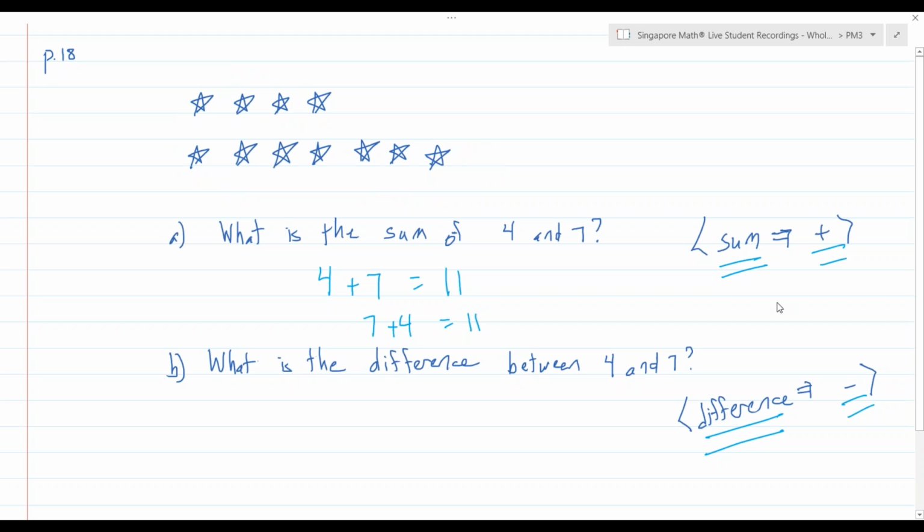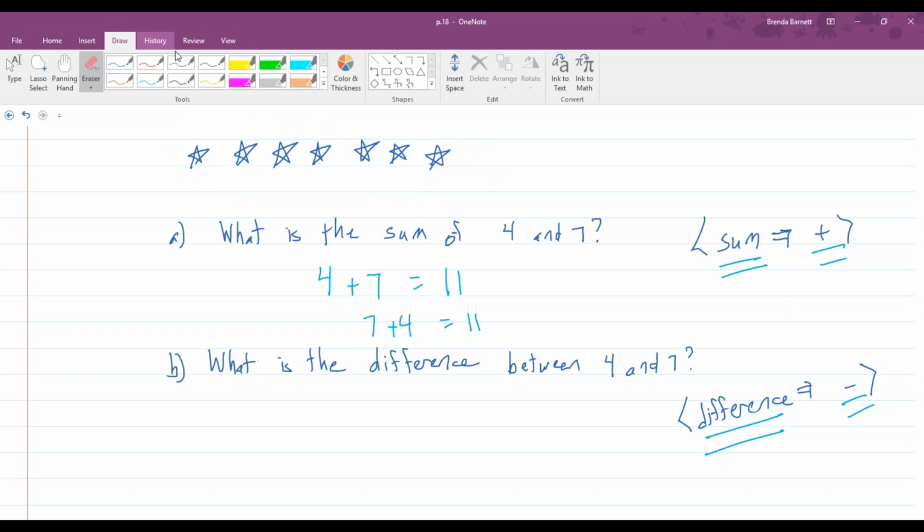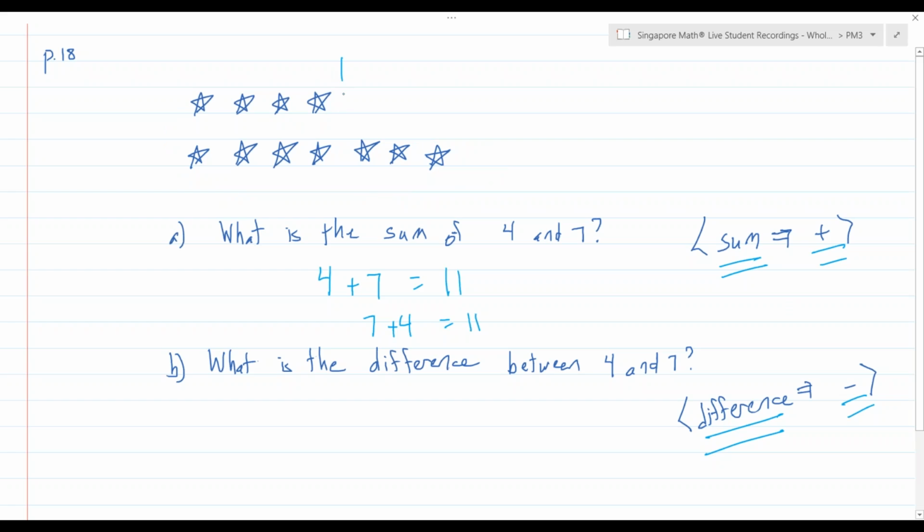So in the case of the stars, the difference in the stars is 3. One has 3 more than the other. We find that by starting with the biggest number, 7, and subtracting the smaller number, 4.